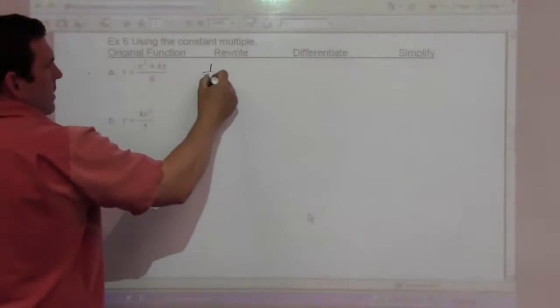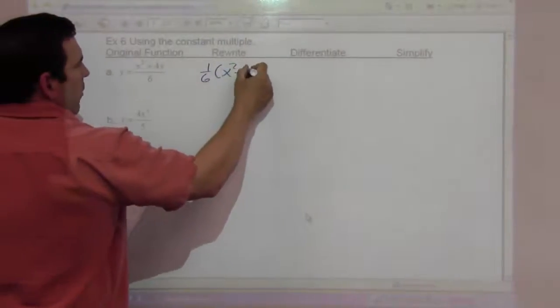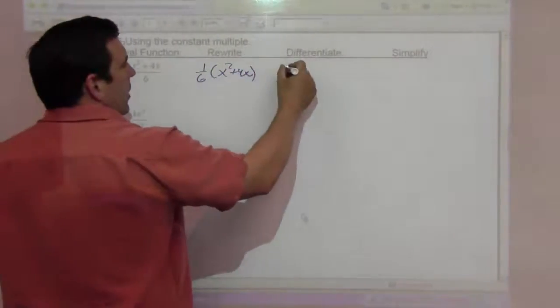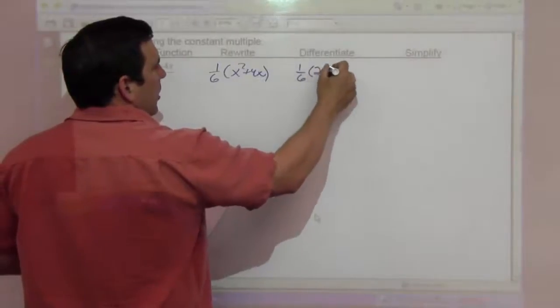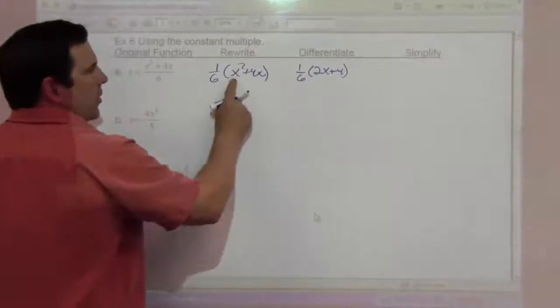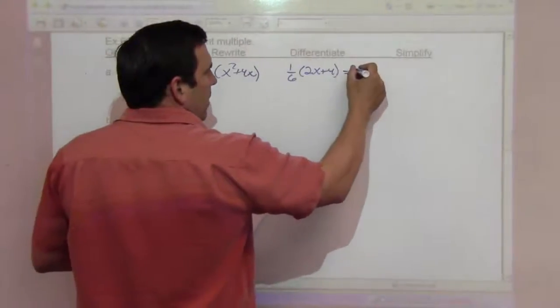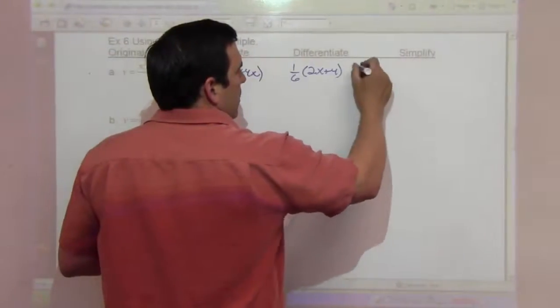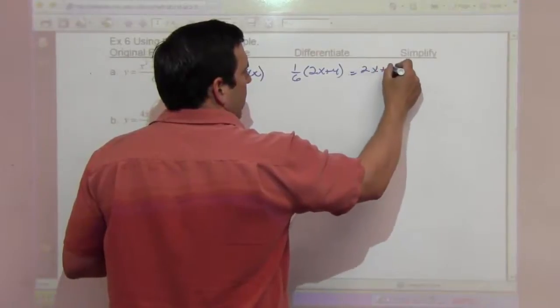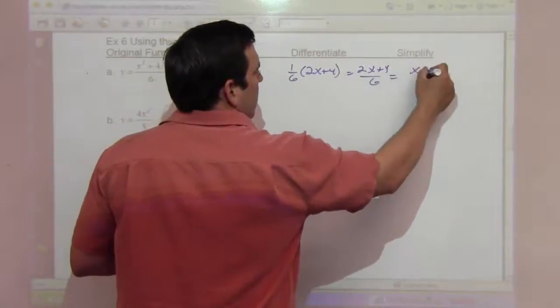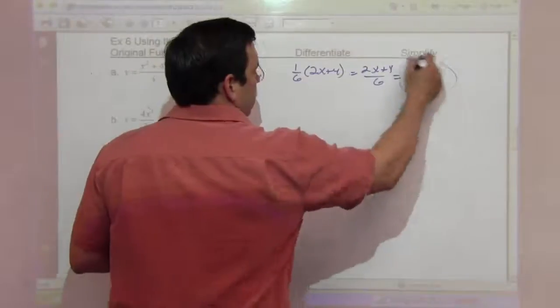We can rewrite this as 1/6 times x squared plus 4x. Differentiate becomes 1/6 times 2x plus 4. The derivative of x squared is 2x. Derivative of 4x is 4. That becomes, well, 2x plus 4 over 6, or x plus 2 over 3.